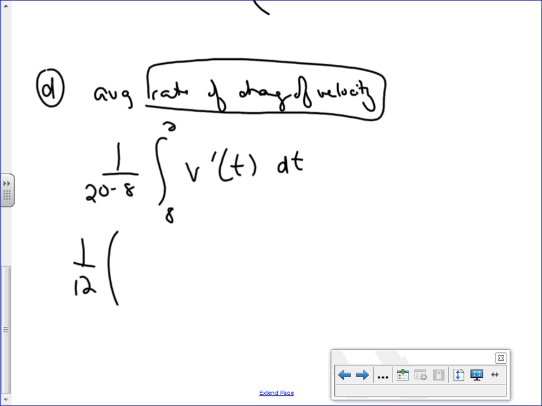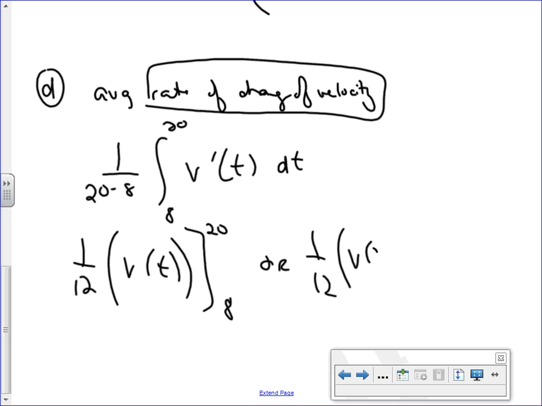Okay, so I'm going to get v evaluated from 8 to 20. Or another way to write that would be v of 20 minus v of 8. And you read those right off the graph. The tricky part is getting the definite integral of v prime.